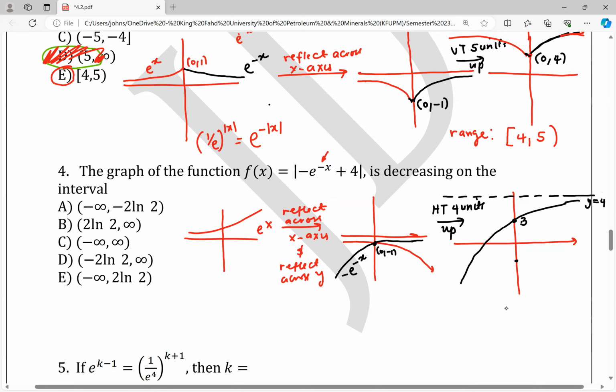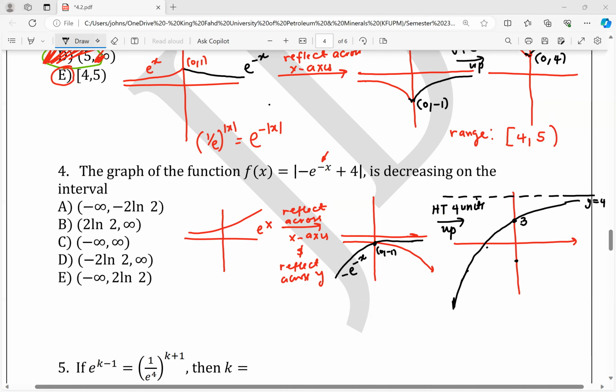Remember, we need to know the x-intercept because there is a full absolute value. Everything is inside the absolute value. So now we need to know this x-intercept because here we're actually going to reflect this part across the x-axis, right? Because we have absolute value there.